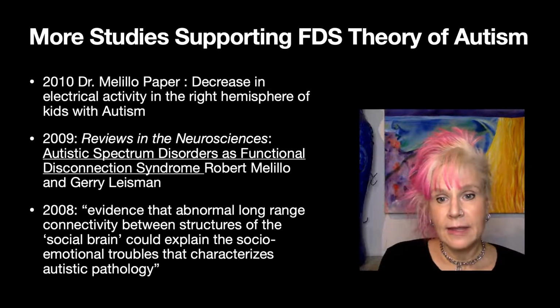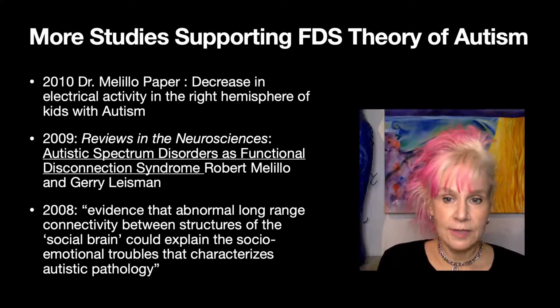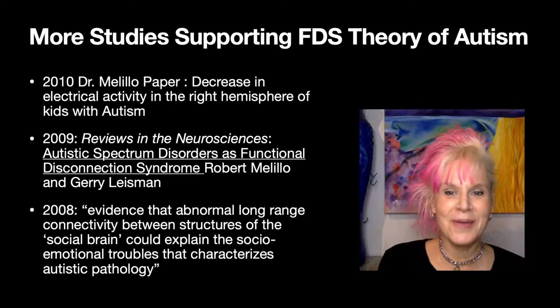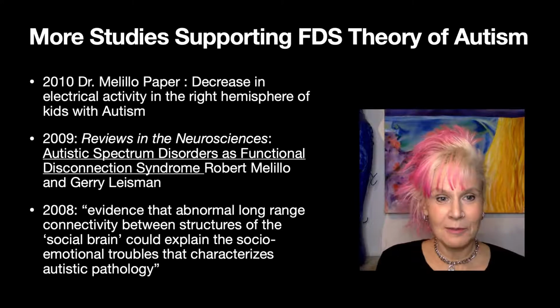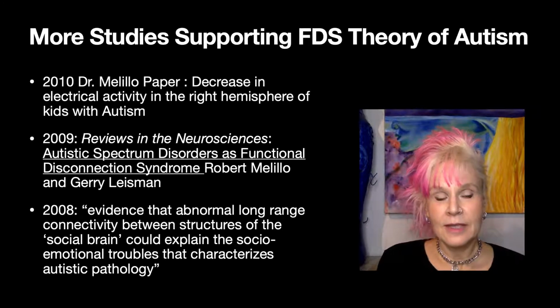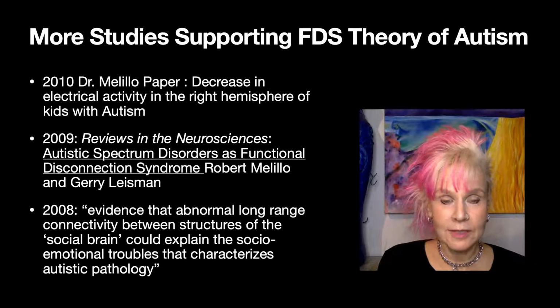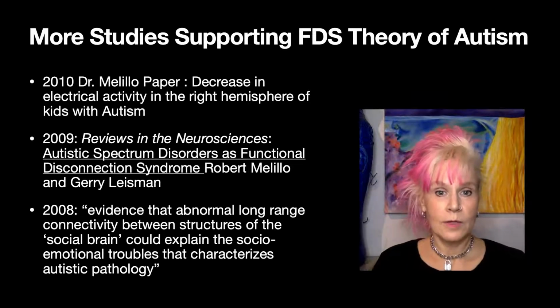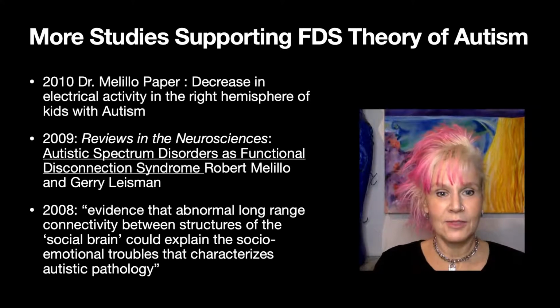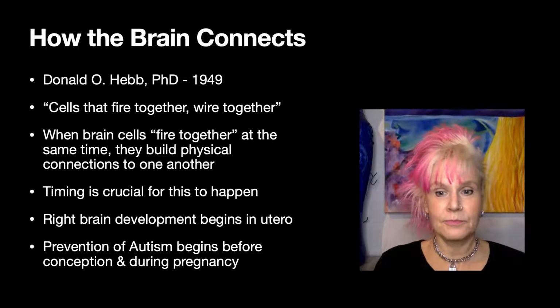In 2008, researchers concluded that there is evidence that the abnormal long-range connectivity between structures of the social brain could explain the socio-emotional troubles that characterize the autistic pathology. So again, recognizing that this long-range connectivity between the two hemispheres is really key with what is going on in the brain of a child with autism.